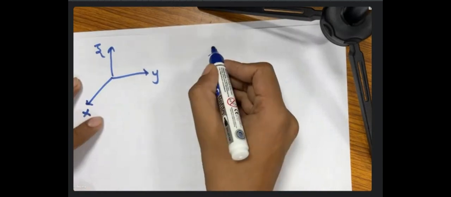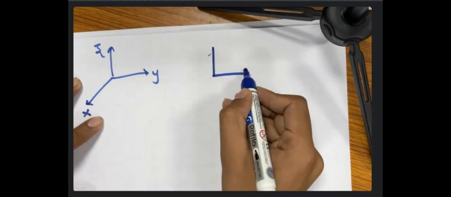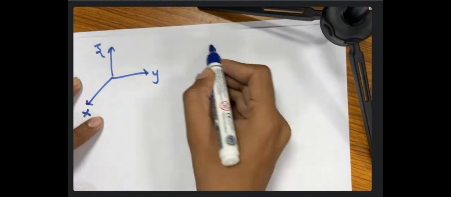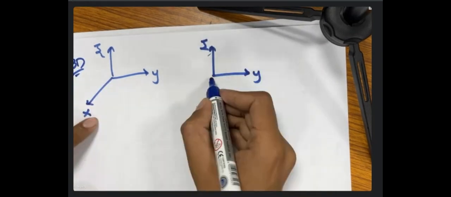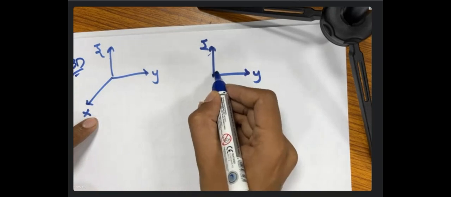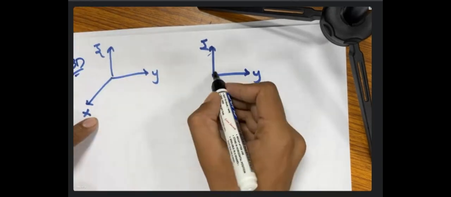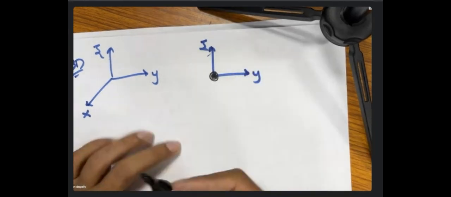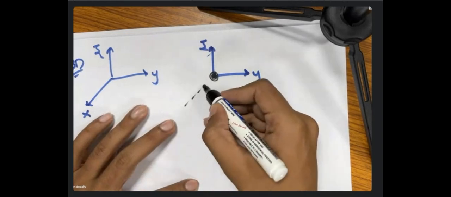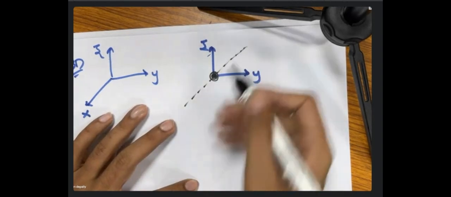So let me draw it like this. This is our y and this is our z. Instead of trying the three-dimensional way, let's draw in the 2D way, and we can say this is x. Our plane is inclined at an angle of 45 degrees with the y and z axis. So it can be this plane, or it can be this plane also.